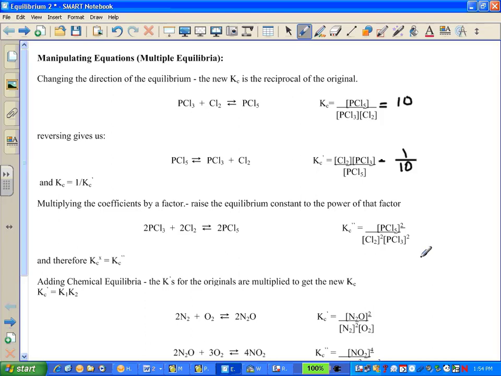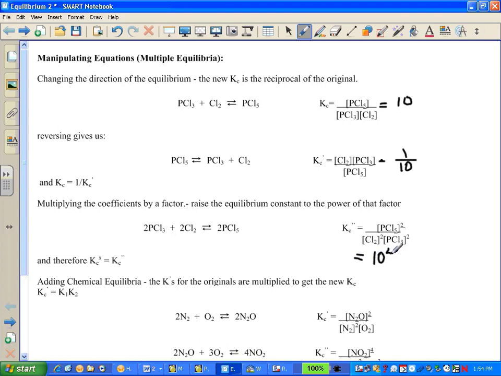So from this, we can see that if we multiply by some factor of x, then the equilibrium constant will be raised to that power. So for example, in this case, the new equilibrium constant would be 10 squared.